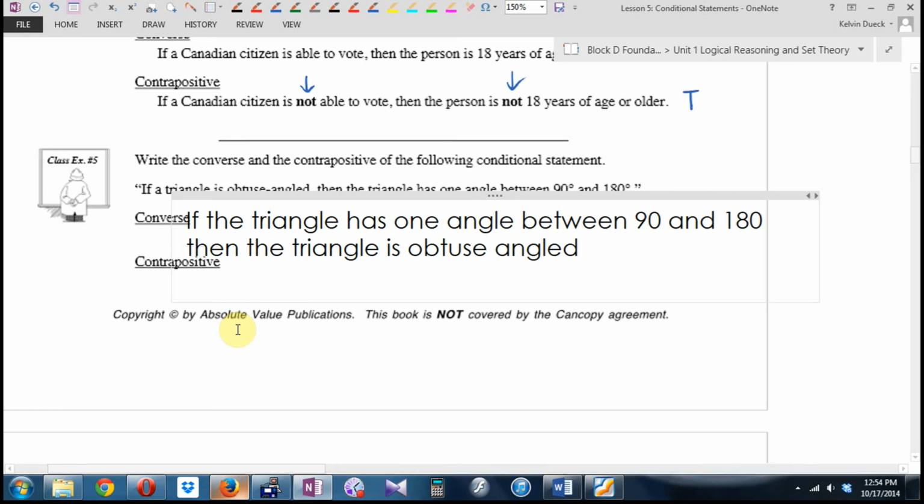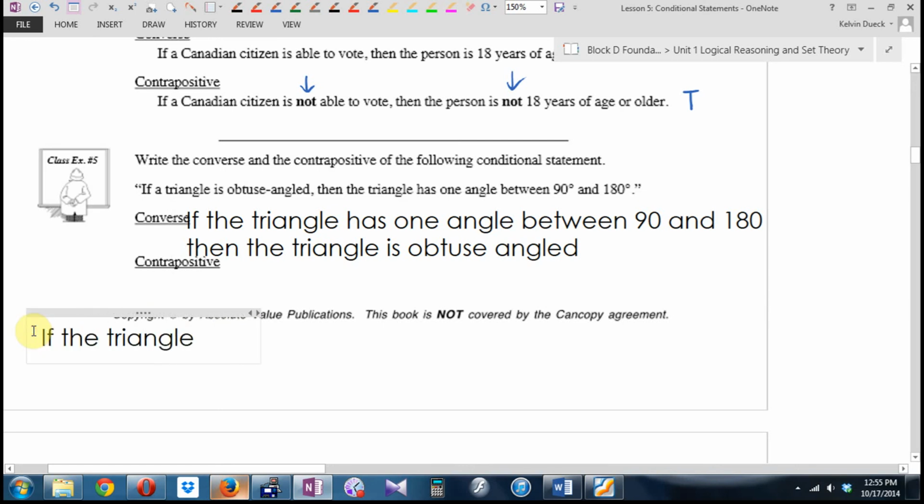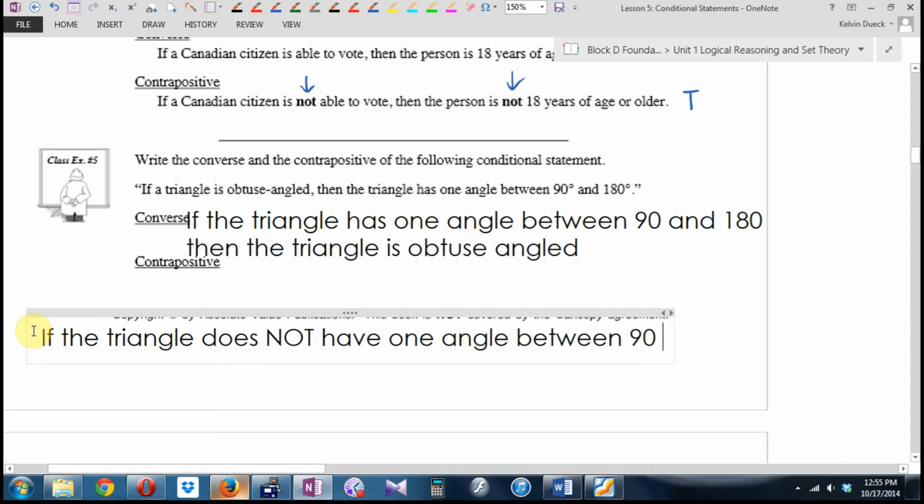What would the contrapositive be? The opposite of both of those. If the triangle does not have one angle between 90 and 180, then the triangle is not obtuse angled.